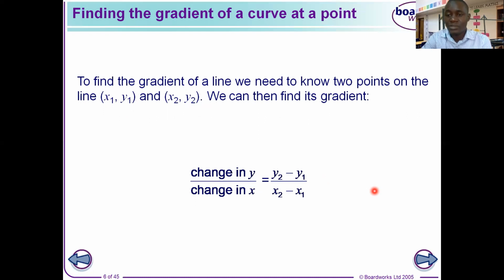And differentiation makes use of a symbol which we will be unveiling shortly. That symbol is called the differential coefficient. It is used in calculating the gradient of a curve.